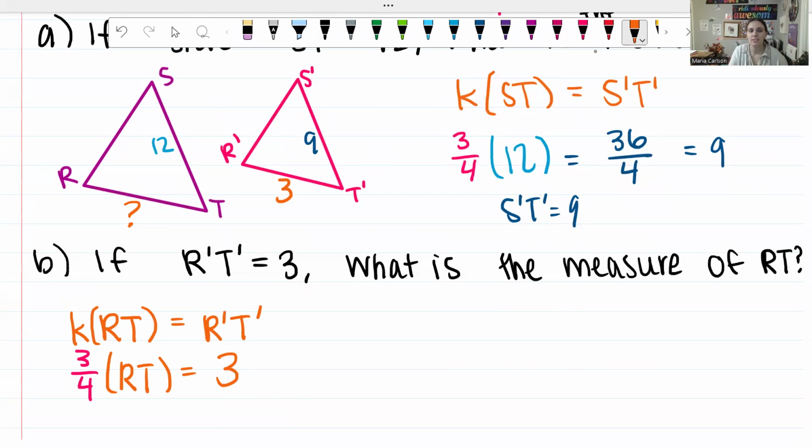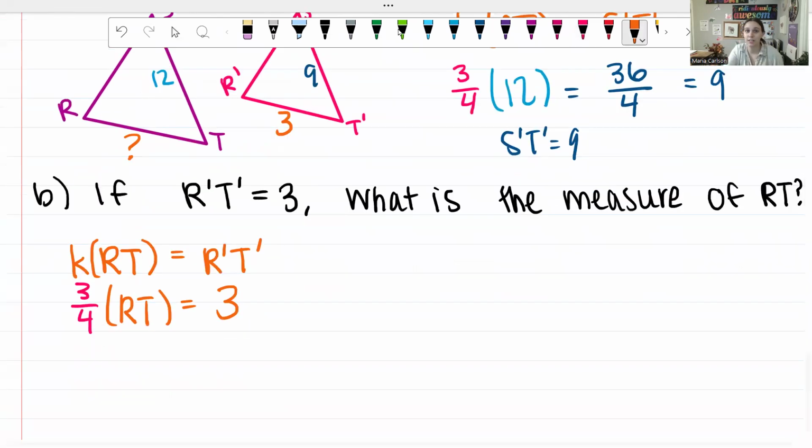So how do I solve this, right? RT is something I don't know. It's a variable. I could treat it like X. And this is a pretty neat trick. If I have 3/4 X equal to 3, I can simply multiply both sides of the equation by the reciprocal of this fraction. I want to undo the fraction, so I will multiply by the flipped version, because that will undo it.